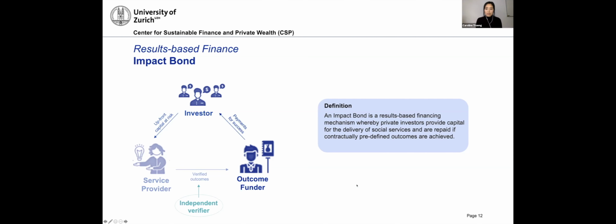The impact bond incentivizes the service provider to deliver those outcomes and provides flexibility and room for innovation by not constraining them to a certain type of input or activity. Impact bonds are also beneficial for investors who will be compensated for the risk they take. And the outcome funder also fulfills its mandate in a more effective way.